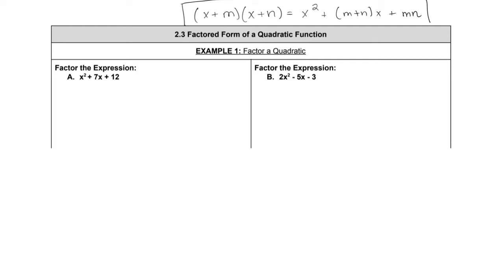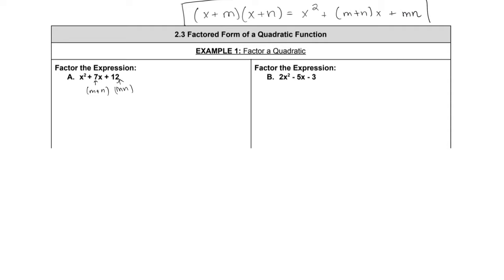If we look at this problem here, 7 is equal to whatever m plus n is, and 12 is equal to what they are when they're multiplied together.